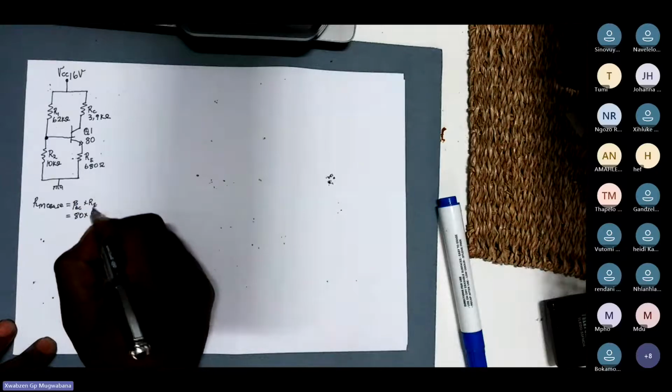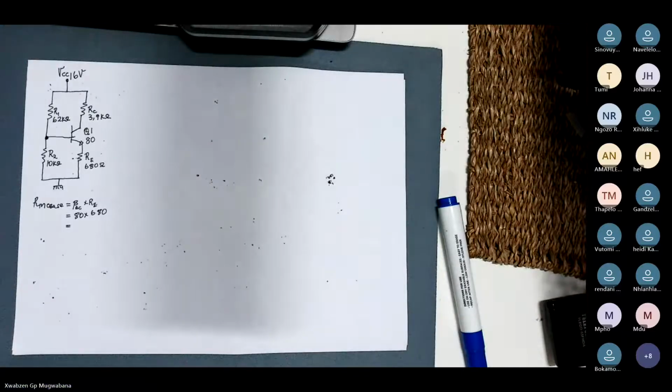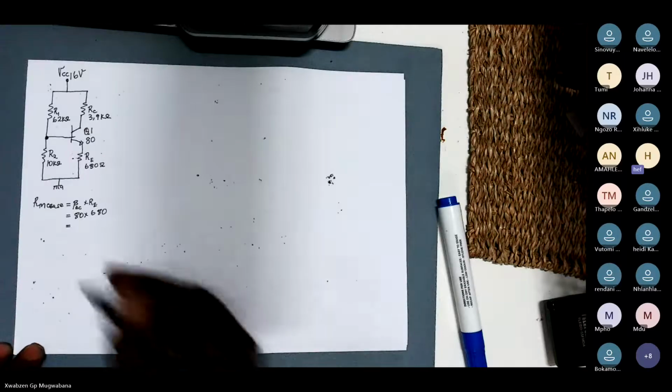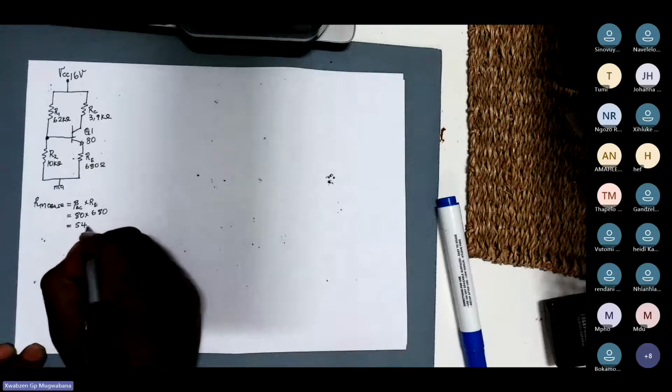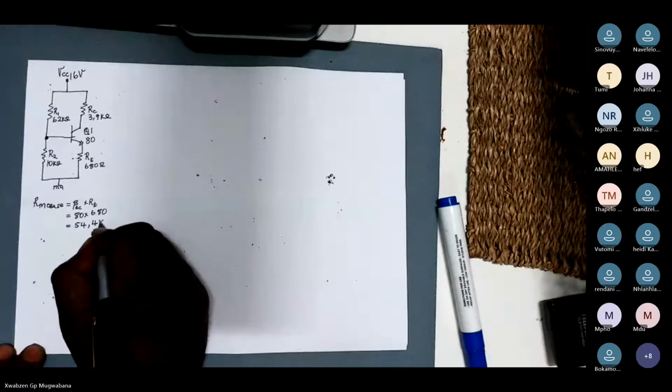RE, which is 680, which gives you what? 54.4 kilo ohms.